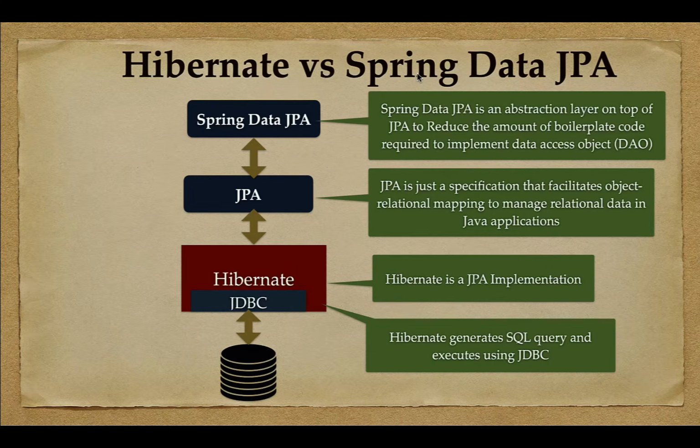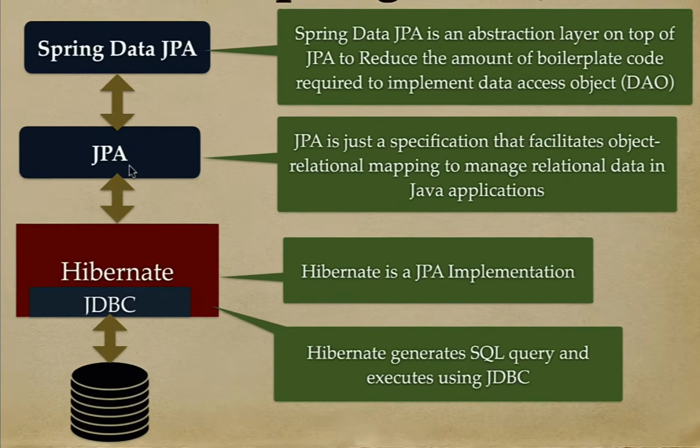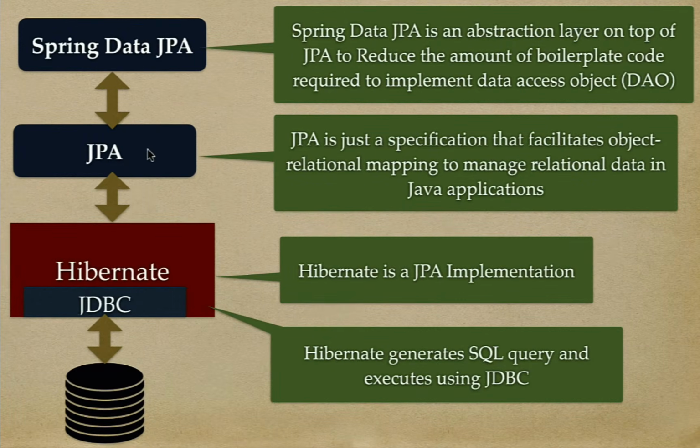Hi, welcome back. In this lecture, let's quickly take a look at the difference between Hibernate and Spring Data JPA. Well, Hibernate is basically an implementation of the JPA specification. Well, JPA is just a specification or a standard API that facilitates object relational mapping to manage relational data in Java applications.